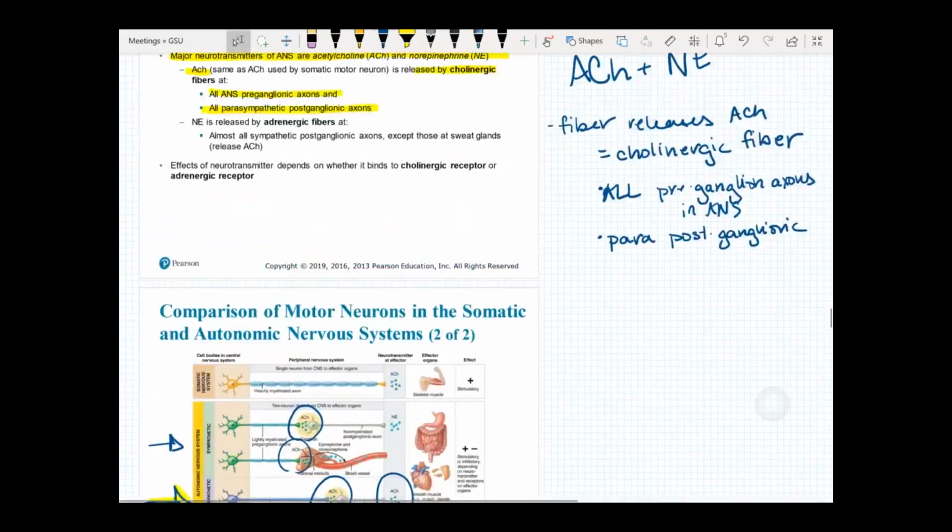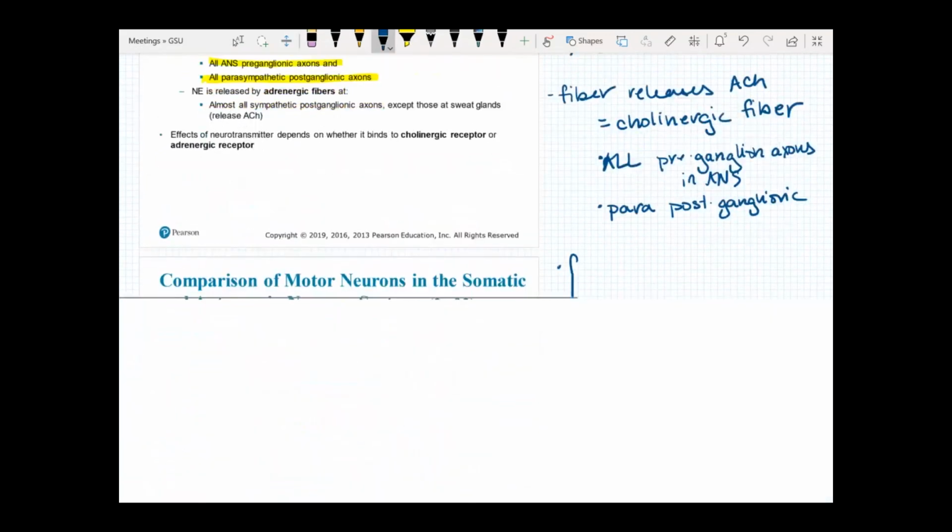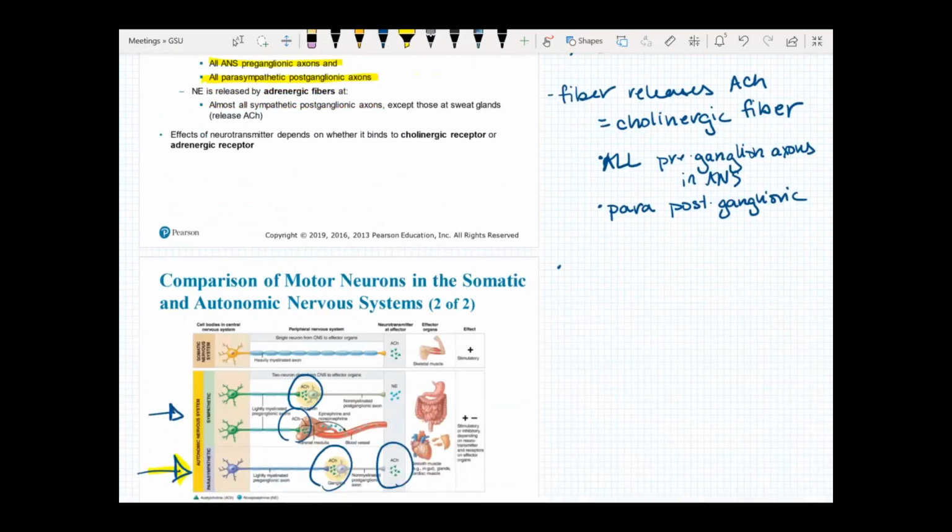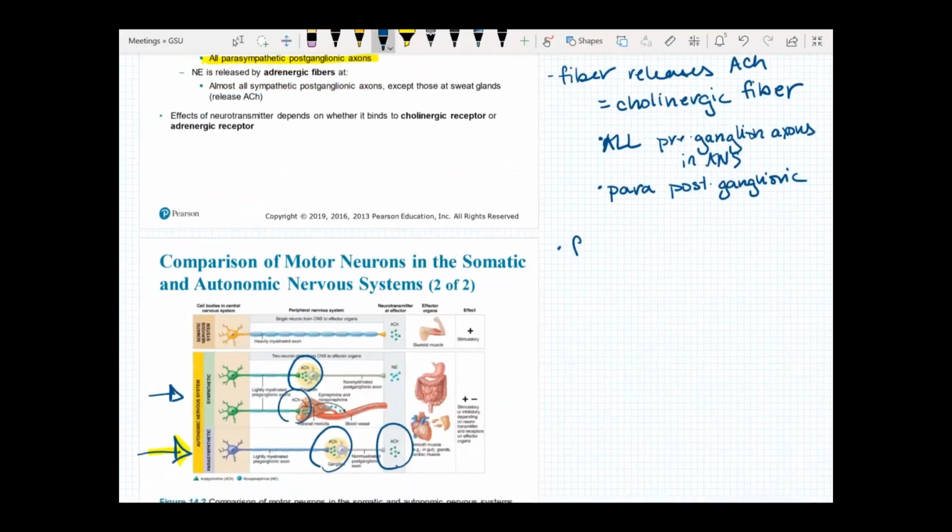If there's a fiber that releases norepinephrine, then that is going to be called a different type of fiber, an adrenergic fiber. So we've got cholinergic and adrenergic fibers. This is only going to be this guy right here.